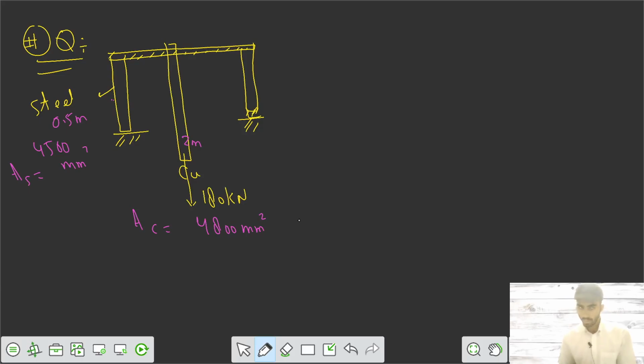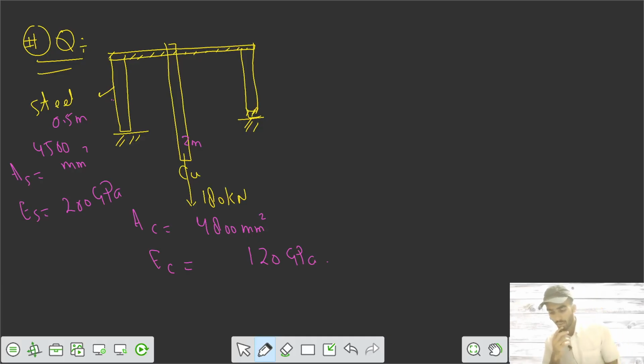The modulus of elasticity of steel is 200 gigapascal, and the modulus of elasticity of copper is 120 gigapascal. So the question is: a long rectangular copper bar under a tensile load P hangs from a pin that's supported by two steel posts.